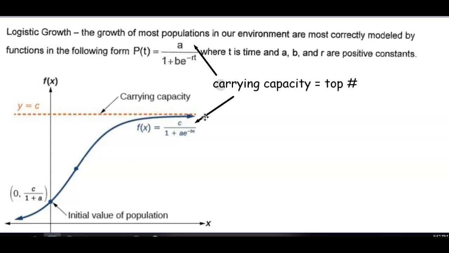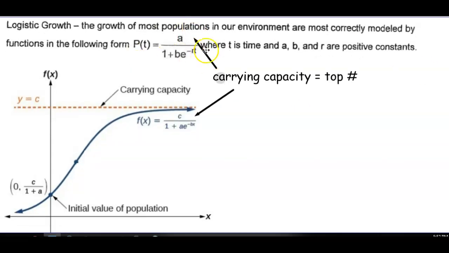Same thing, the environment at Rock Cut can only sustain and hold so many deer before they start dying from starvation or something because there's not enough food in the environment that they are contained in.